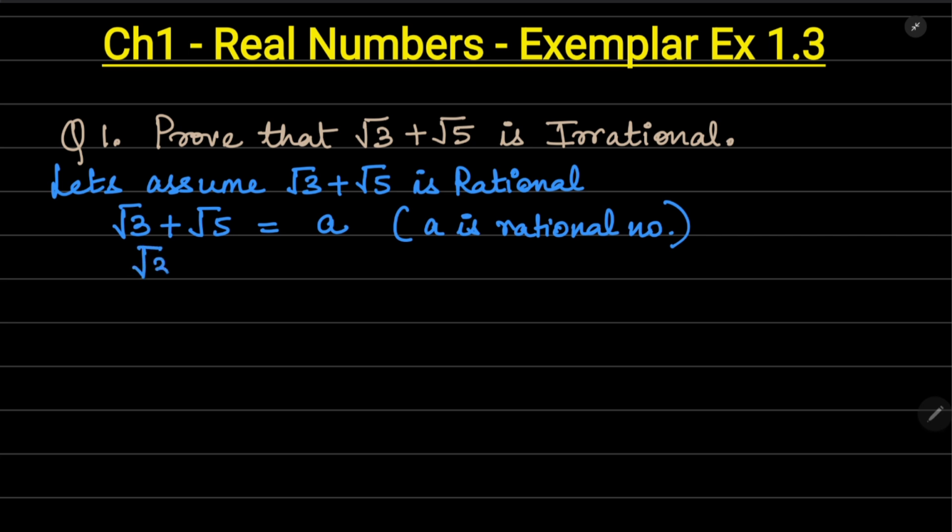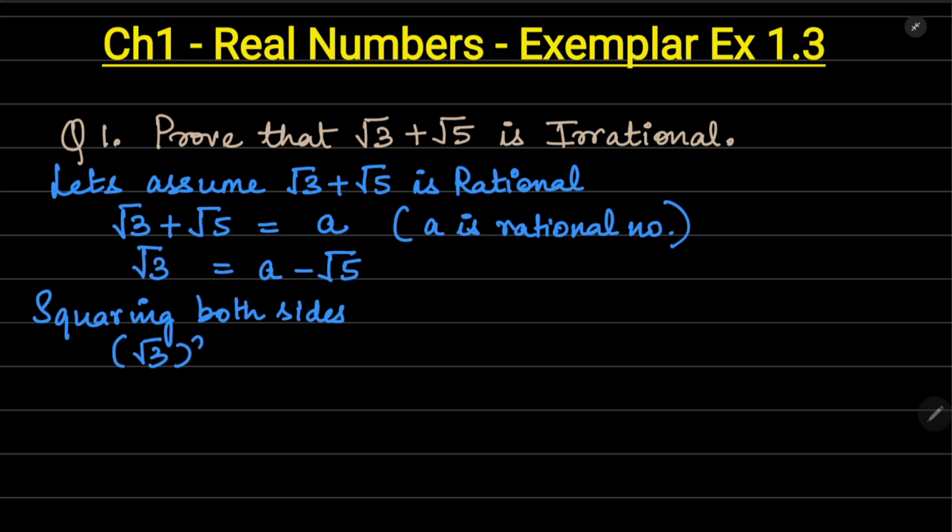Now let me keep root 3 on one side and take root 5 to the other end. And then I would have to square on both the sides. So when I square both the sides, I would be getting root 3 the whole square is equal to a minus root 5 the whole square.